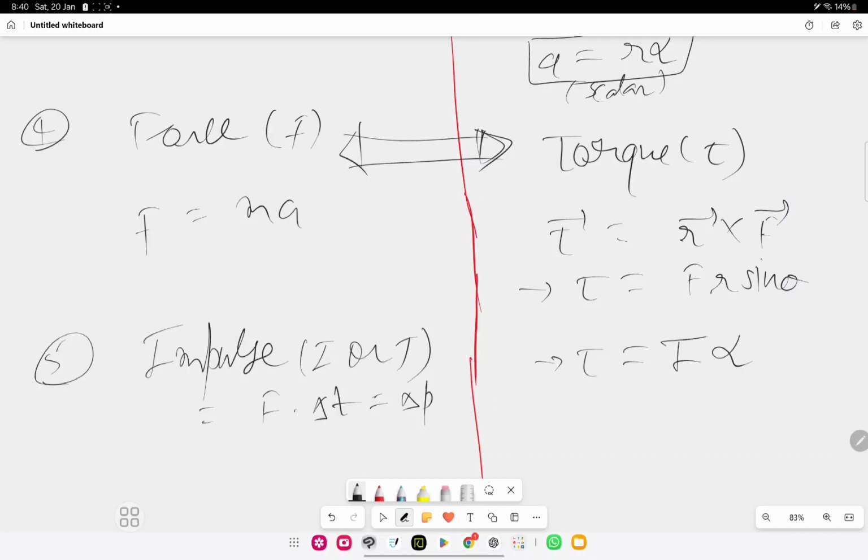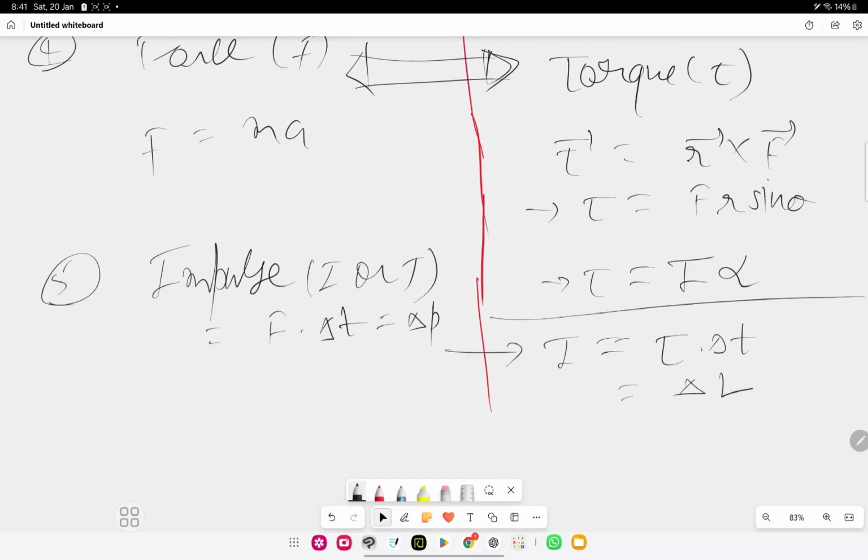This is for linear motion, so it is the change in linear momentum, not angular momentum. When we talk about impulse in angular motion, force is similar to torque, so impulse equals torque into delta t. Delta t is the same, and the change in linear momentum becomes the change in angular momentum.